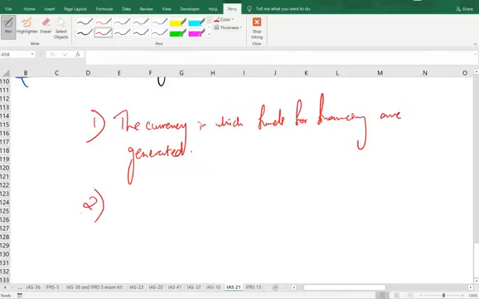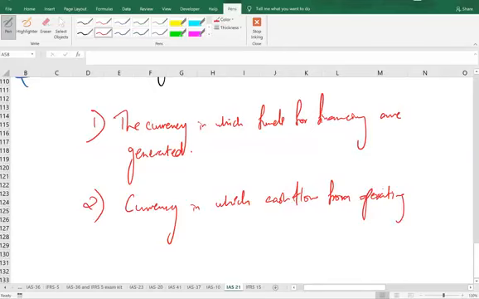Second, currency in which cash flow from operating activities is being retained.